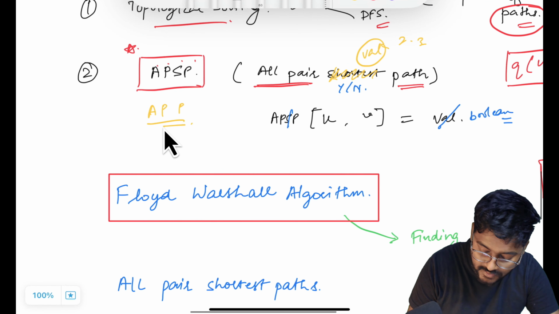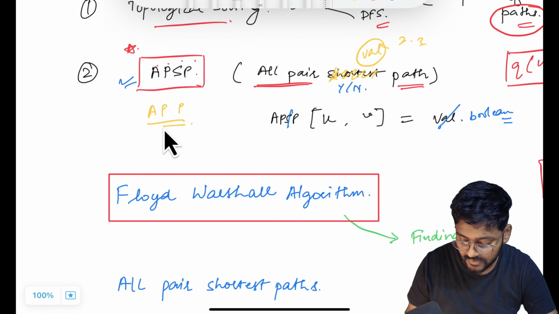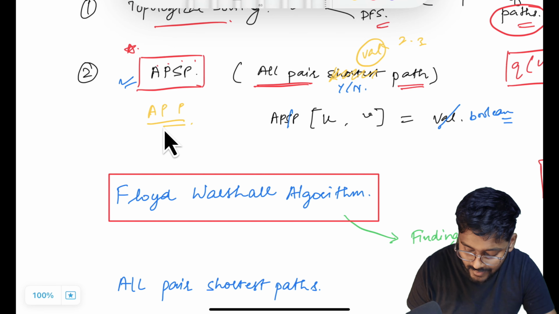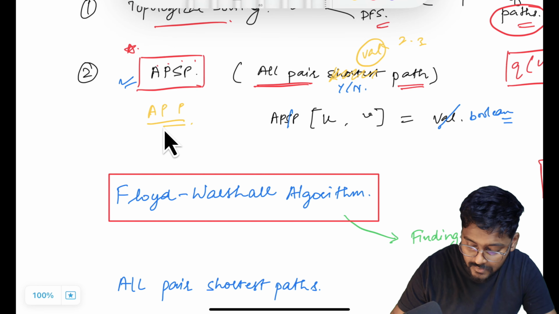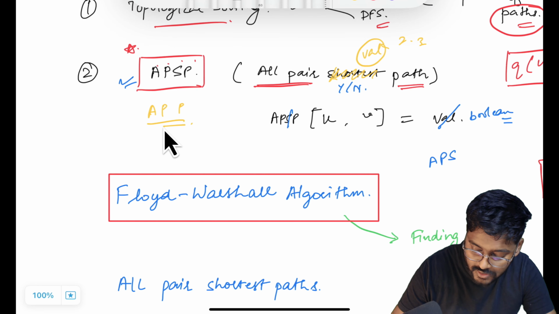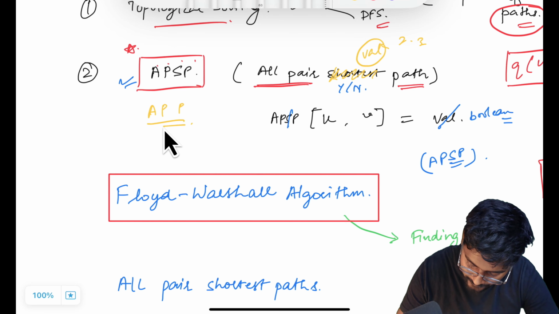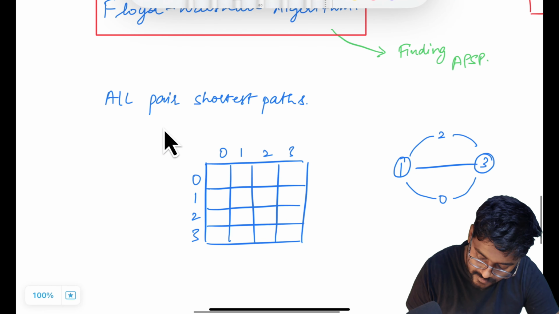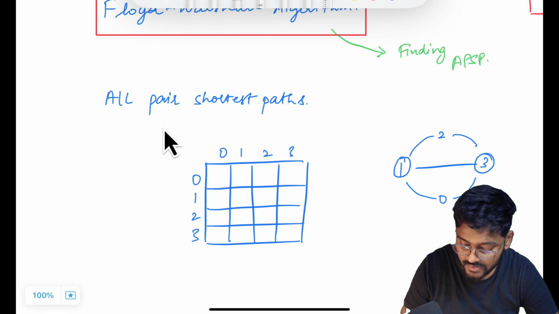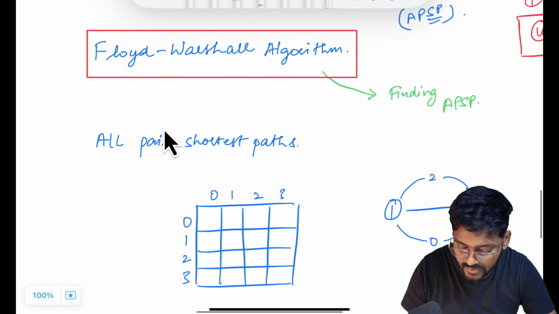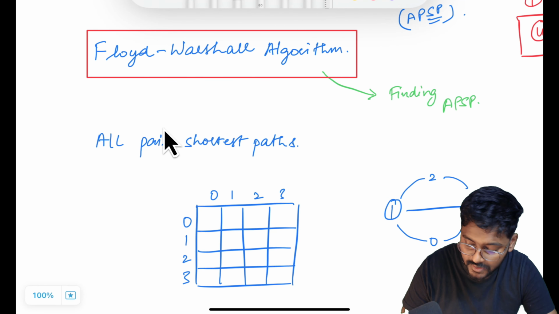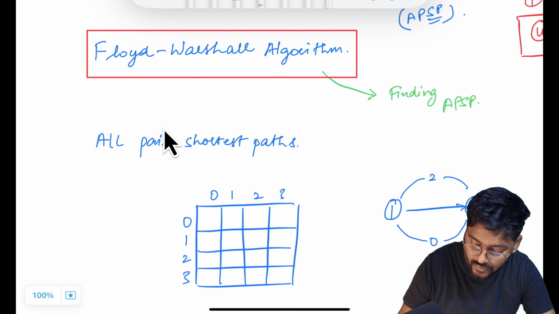And to find all pair shortest path, there is one algorithm, the Floyd Warshall algorithm. This algorithm is going to give us all pair shortest path using a dynamic programming approach. See, from 1 to 3 the path is already given because 1 is a prerequisite of 3.